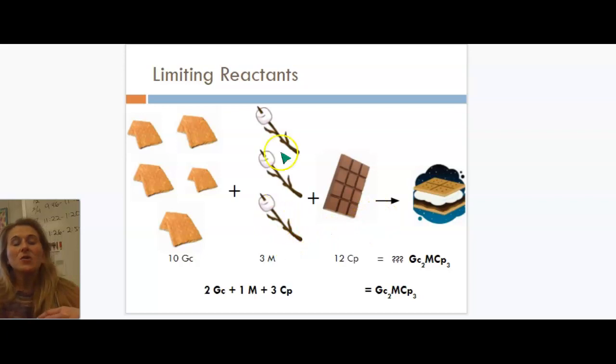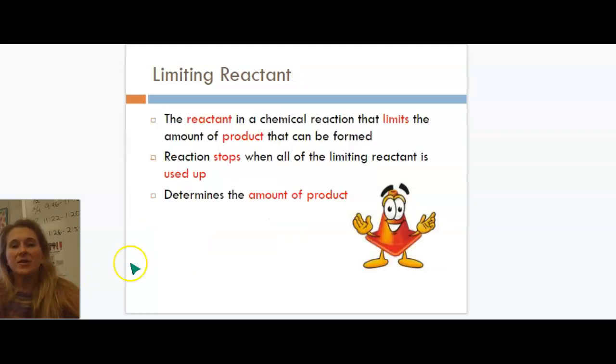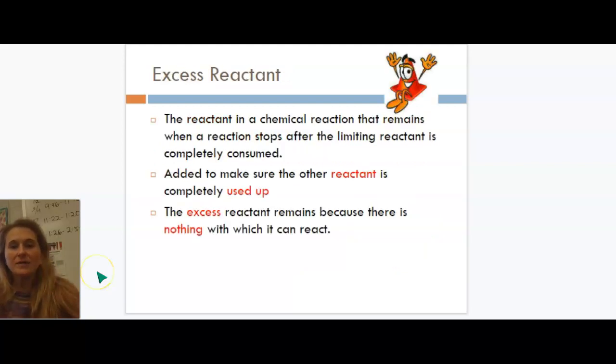But anyway, this gives you an idea using our s'mores analogy about limiting reactants and reactants that are in excess. So here we go. These are basically the definitions that I just said while using the s'mores analogy. Here's the one for excess: it's the reactant that is not completely used up.